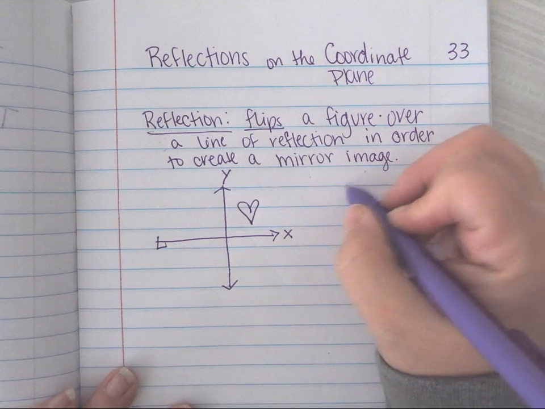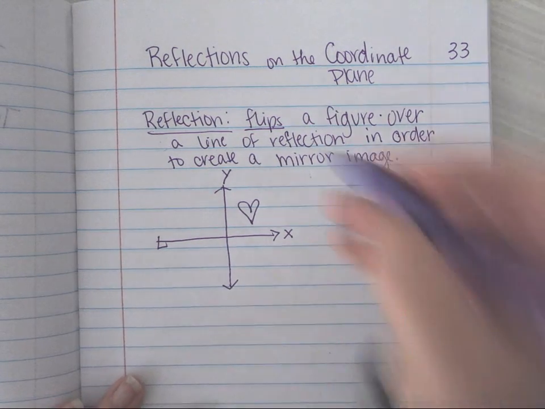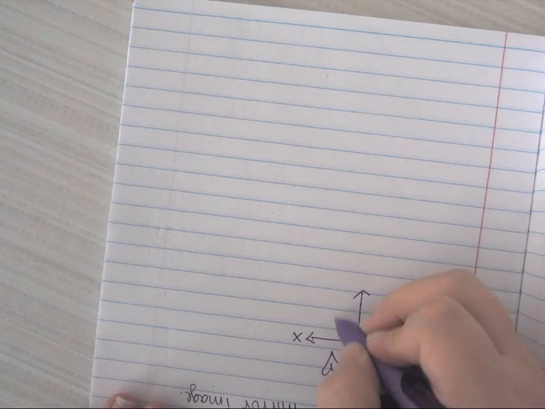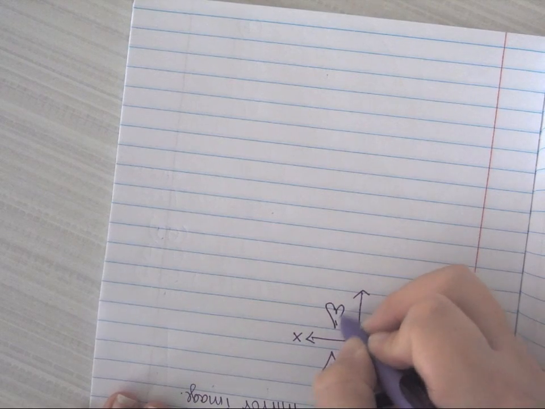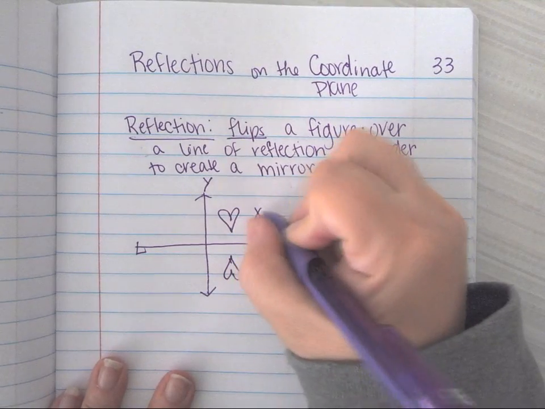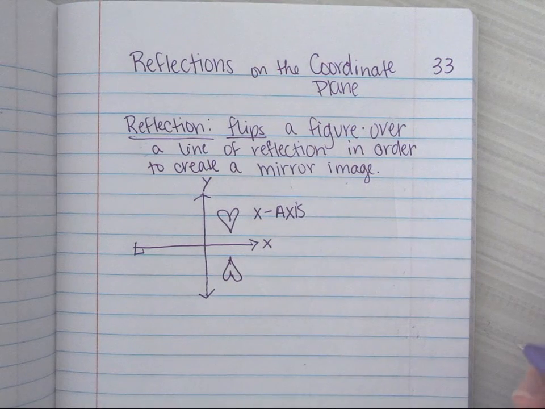I'm going to reflect this over the y-axis or the x-axis. It is going to be reflected, right? It's going to be flipped. Okay, that is a reflection across the x-axis. I went over the x-axis.